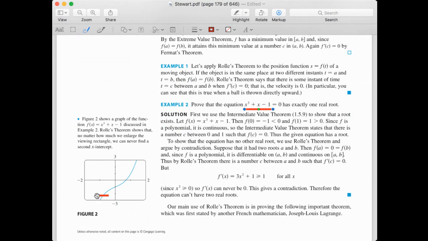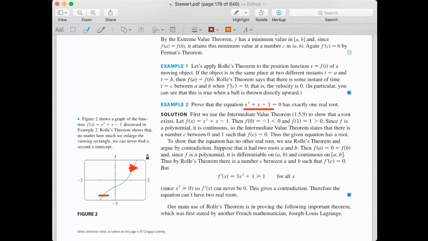So the trick is we want to find a with f of a less than 0, the y value is under the x-axis, and we find b with f of b greater than 0, above the x-axis. Because the function is continuous, that's for the intermediate value theorem, which does not need derivatives.